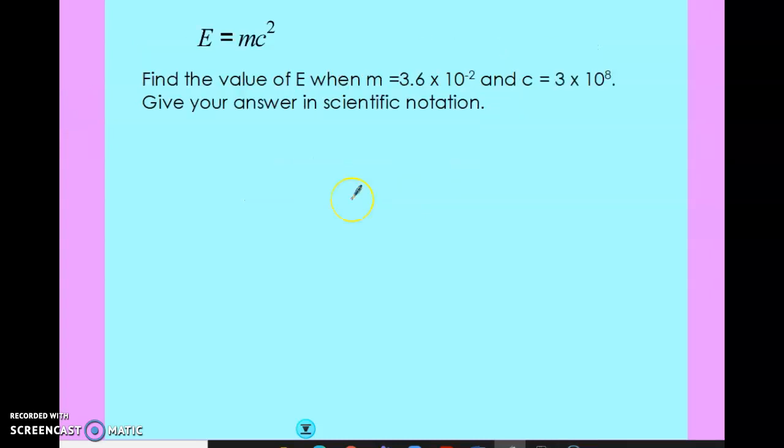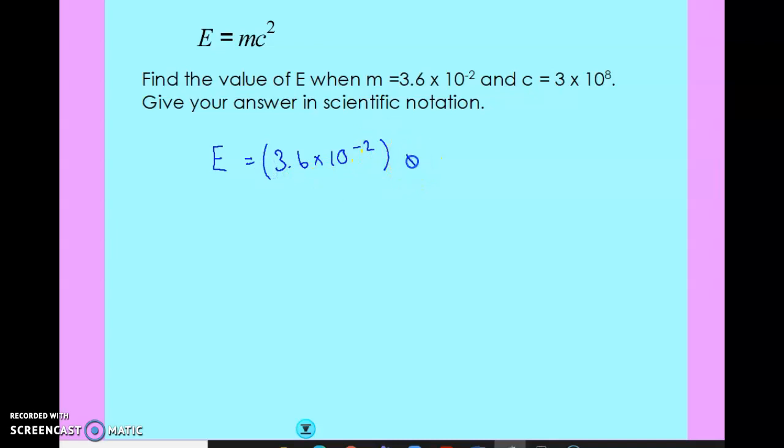Next question then, we've got the formula E equals mc squared, quite a famous formula, hopefully somebody will recognise it. And we want to find the value of E if m is 3.6 times 10 to the negative 2 and c is 3 times 10 to the 8. So to work out E, I'm going to do whatever m is, which in this case is 3.6 times 10 to the power of negative 2.